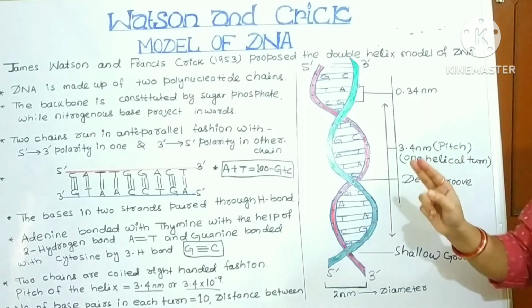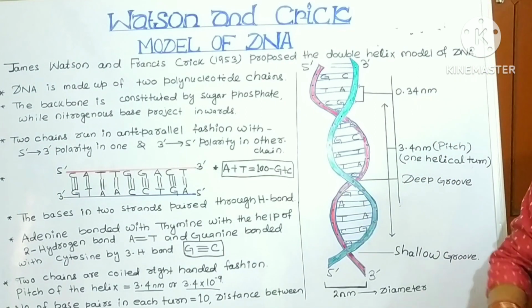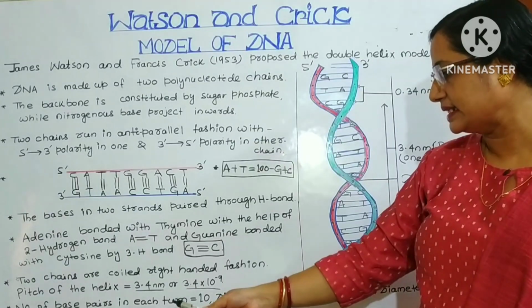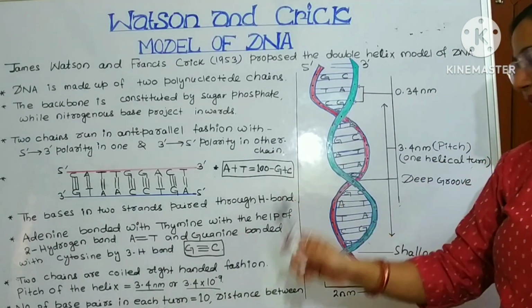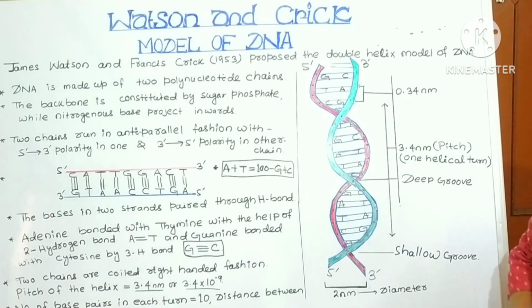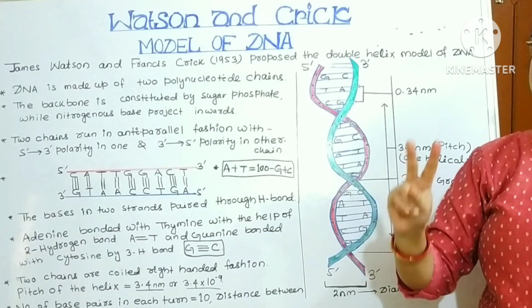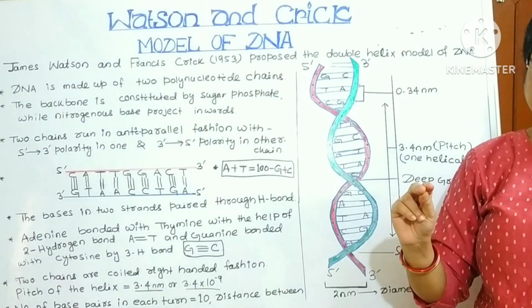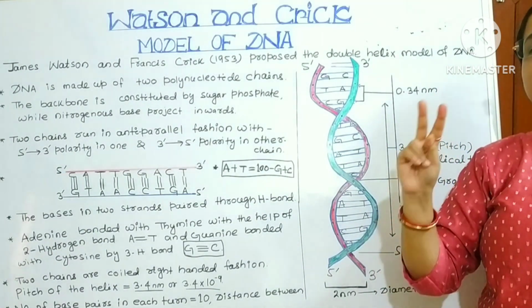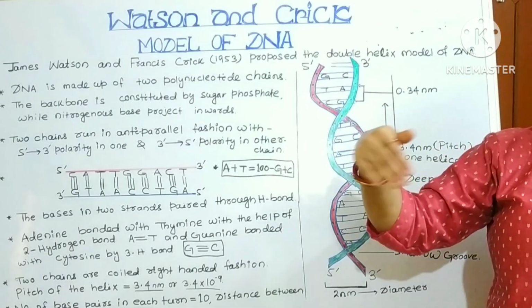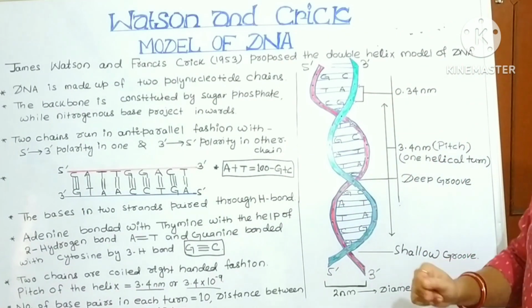One helical turn contains 10 base pairs. The number of base pairs in each turn is equal to 10. The double helix of DNA turns after every 10 base pairs.